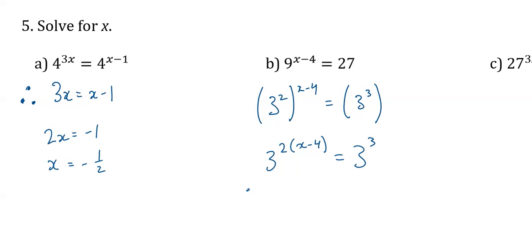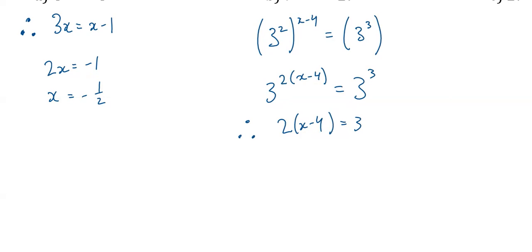And now I can go, therefore, 2 times x minus 4 equals 3. And we have a simple equation here to solve. I'm going to do the brackets first. Add 8 to both sides, so then 2x equals 11, and x is 11/2.